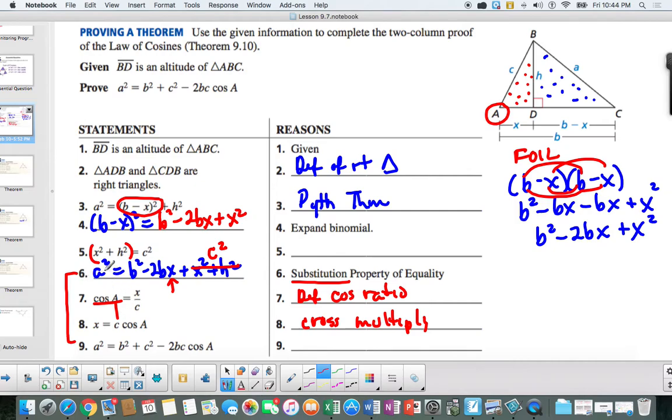So on line 6, this is a squared right here, b squared right here. I have this c squared I've written here, minus 2b, and then I'm going to replace this x with this part right here, and that's called substitution. And this is the law of cosines.